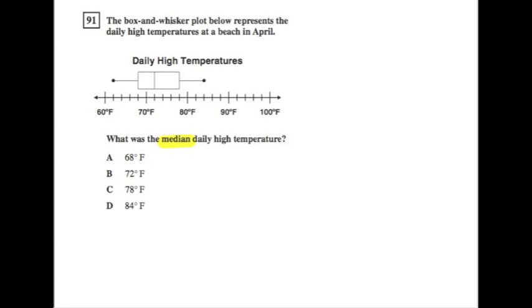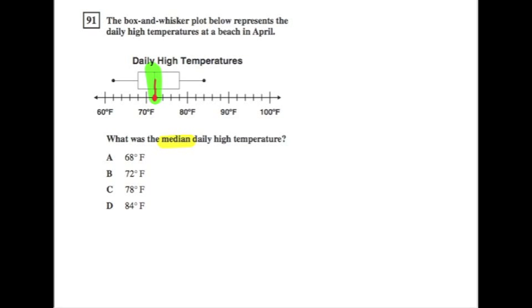So box and whisker plots is something we covered in the beginning of the year, but you should remember that this line that separates the two boxes right here is the median right there. So let's go ahead and find out what that is. That looks like it's right over this number. Might be 71, but let's see if that's 71, 72, 73, 74, 75.